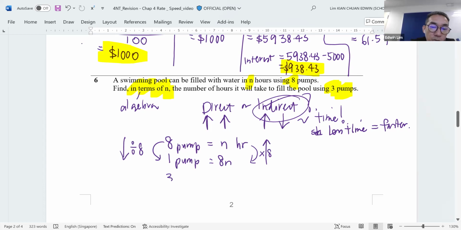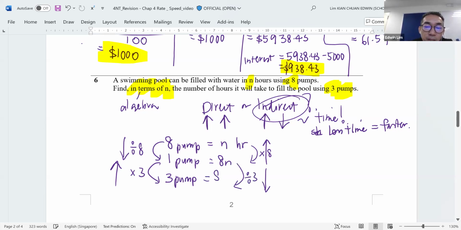Now I have only 3 pumps. So now I increase by 3 times, the other one will decrease, so divide by 3. So my answer will be 8n over 3. So this is for question number 6. Hopefully you catch the idea.